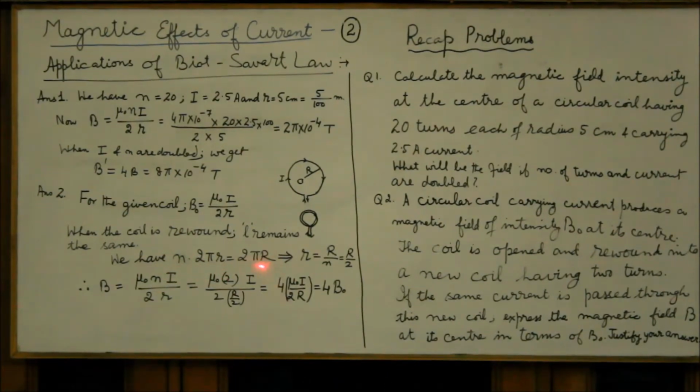As n is 2, you get small r equal to half the original radius, R by 2. Now B, the field at the center of this new coil, will be given by mu naught N I over 2r. Mu naught, n is 2, I, over 2, small r is capital R by 2. So you get 4 mu naught I over 2R or 4 B0. That is, the field will become 4 times.